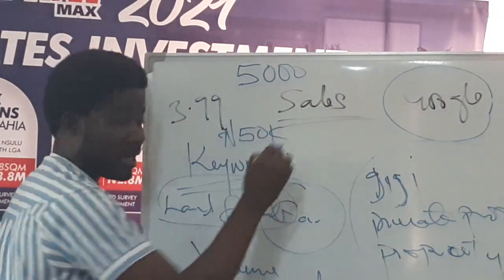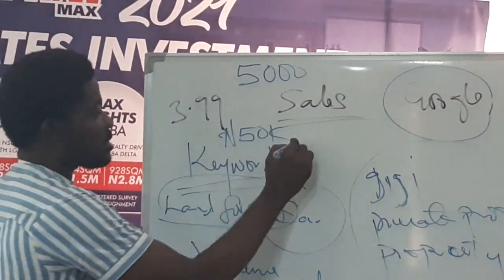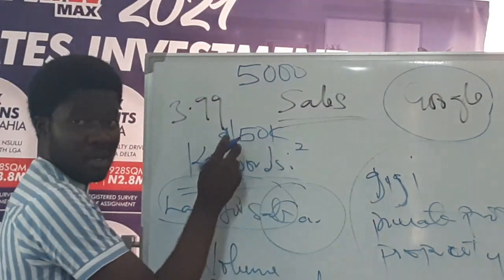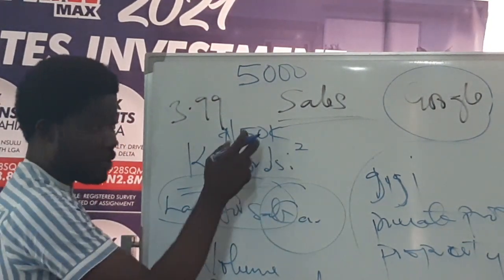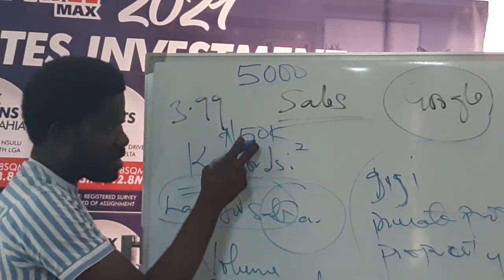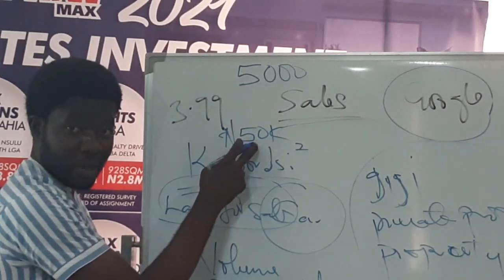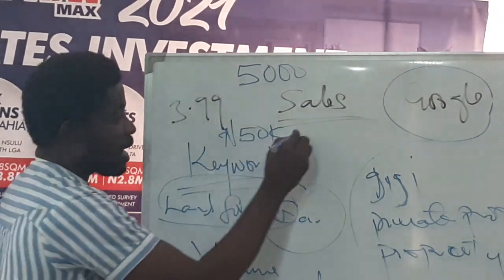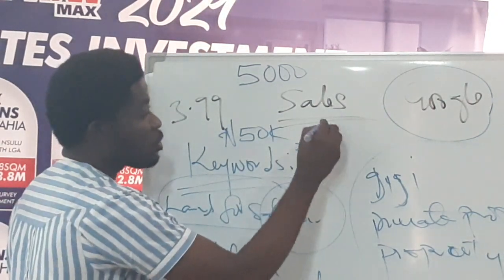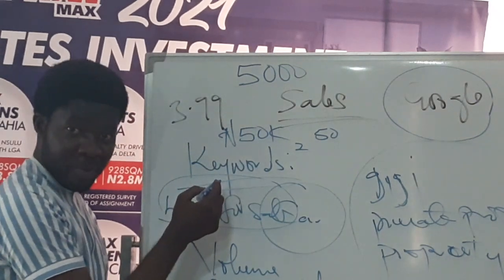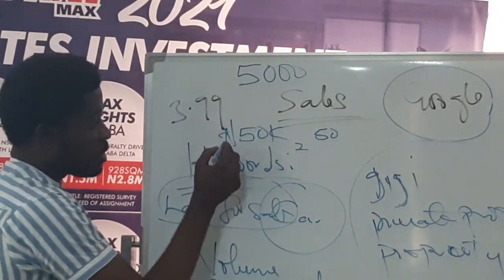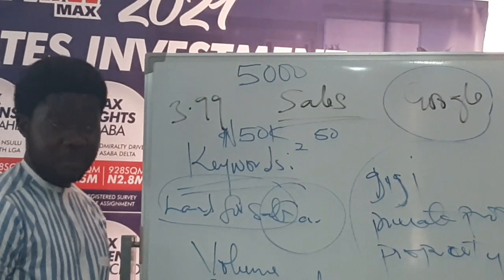Now, if just two persons come to drag for this keyword that is going for 50K, it will be more expensive. But if there are over 50 persons coming to share this 50K, it becomes cheap. So you get the explanation now. Yes. All right.